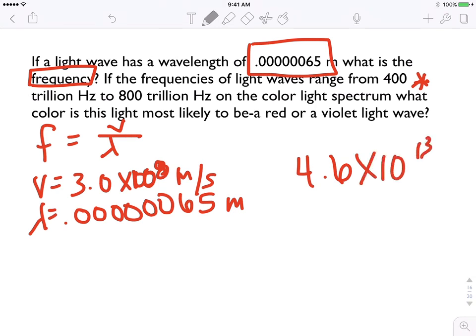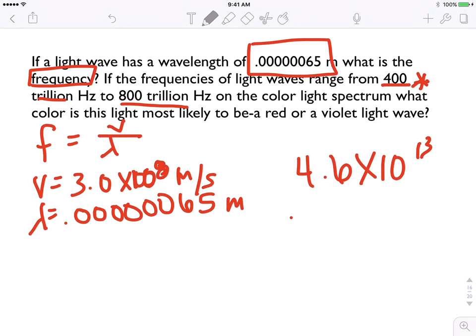That is about 460 trillion, okay? Well, if our light wave range is 400 trillion to 800 trillion, 460 trillion is at the lower end.